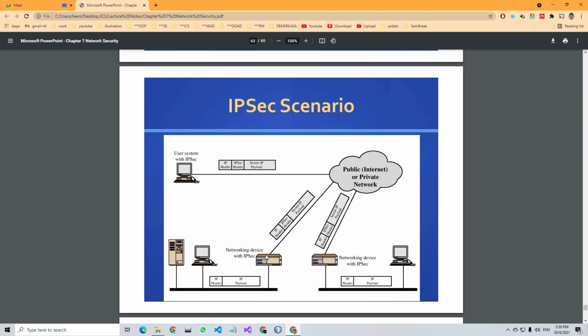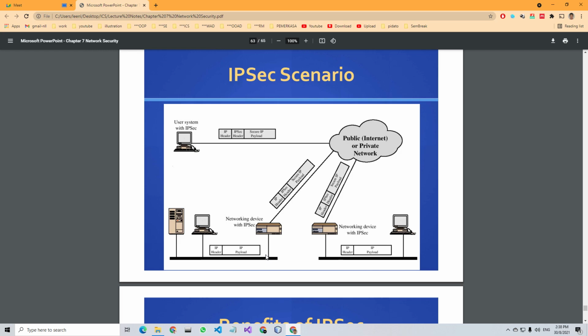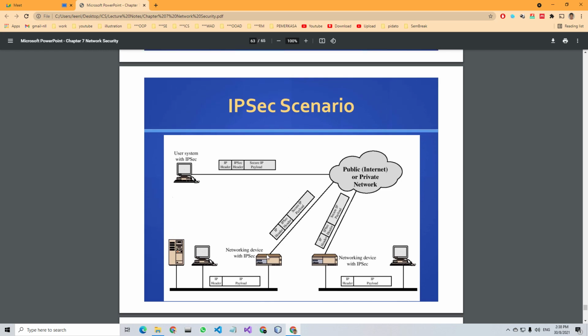So who are involved here? Let's say company suppliers, company partners, to ensure secure communications. So this is how they apply IP security.